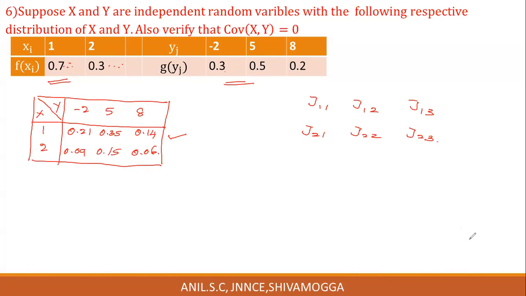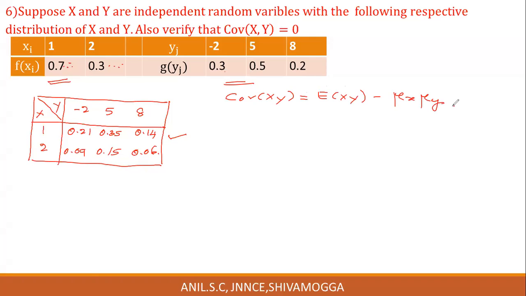Now verify that covariance of xy is equal to 0. Let's find the covariance. What is the expression to find covariance? It is given by covariance of xy equals expectation of xy minus mu x mu y.